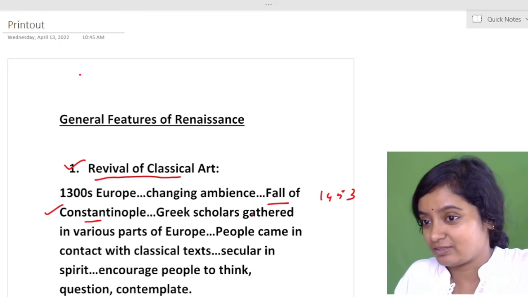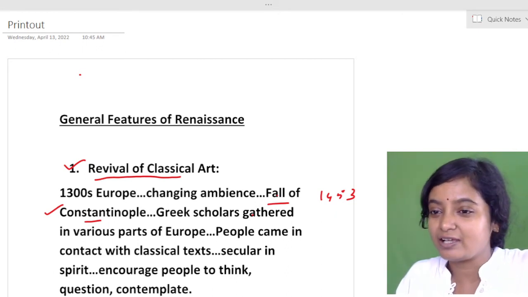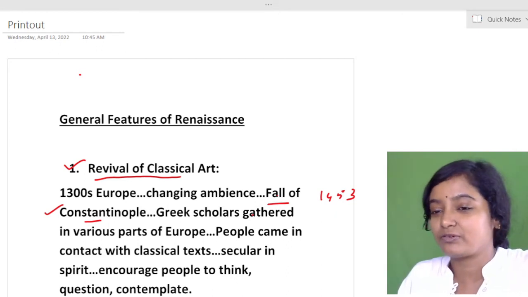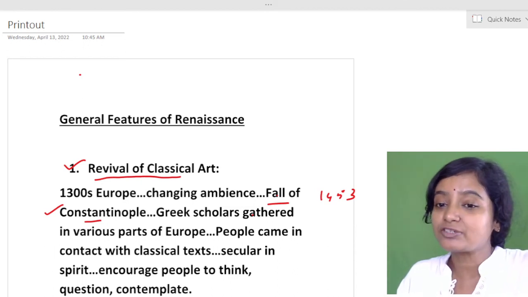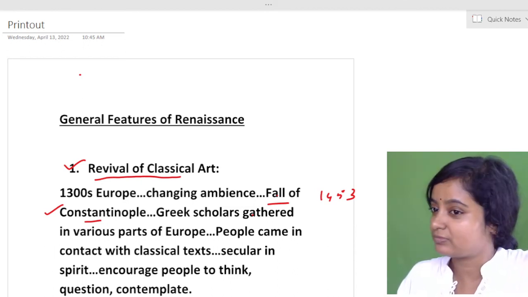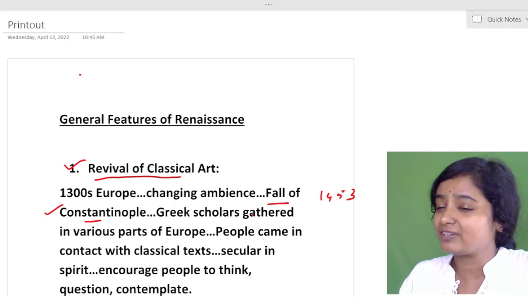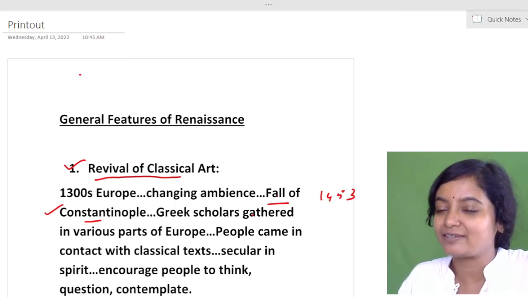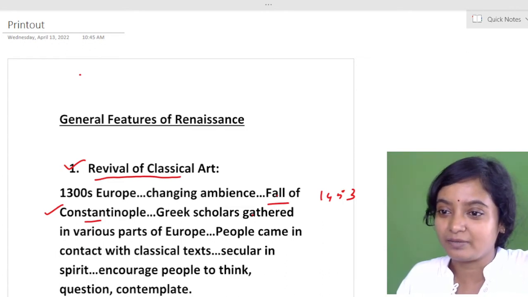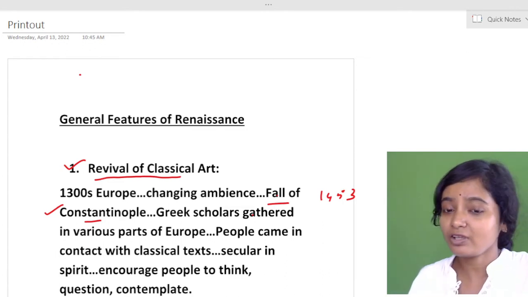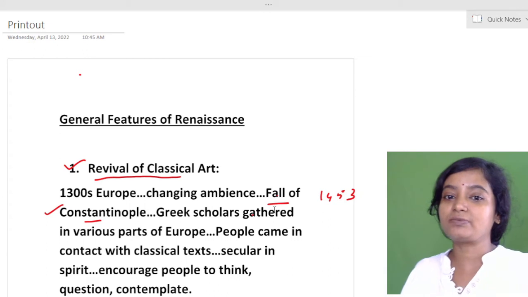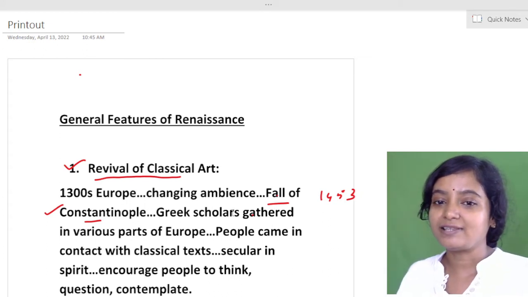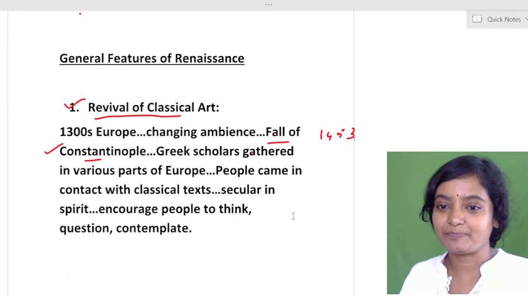The Greek scholars, and there was a vast library where manuscripts and Greek literature were kept. So Greek scholars fled from their place and gathered in various parts of Europe, and particularly in Italy, because Italy was in close proximity to Greek civilization, Roman civilization, and Constantinople. That's why they fled first to Italy.